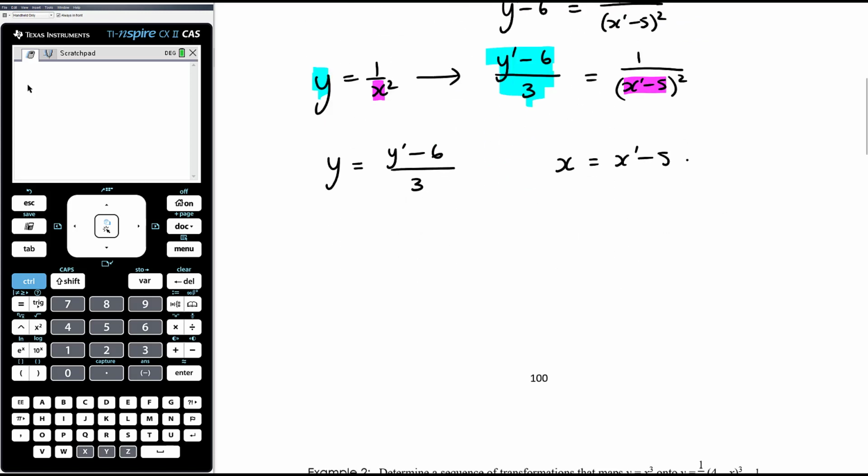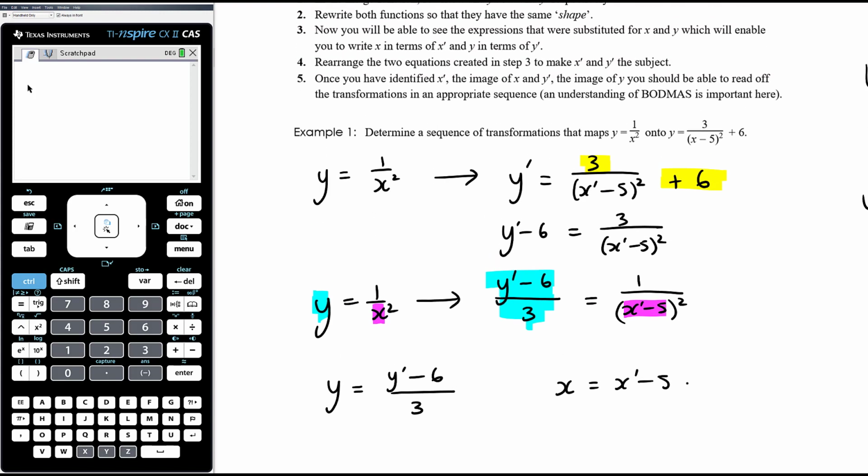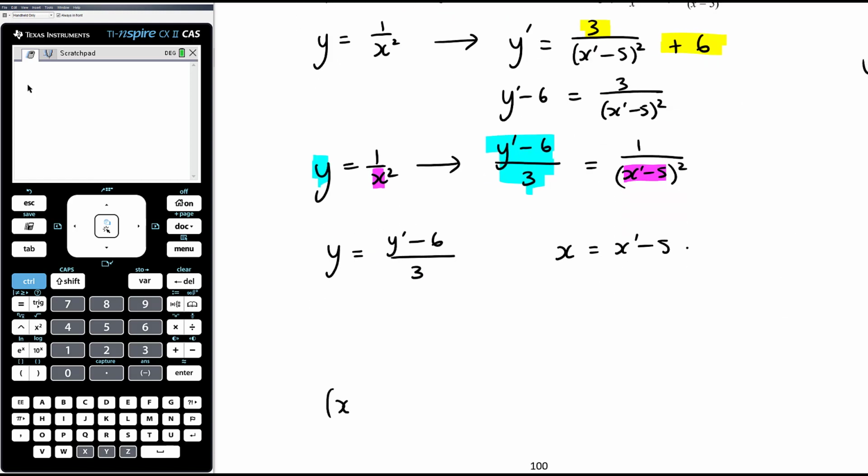Now, it's important that you keep your eye on what you're trying to do. So when we're applying functions, we want to have x and y as the subject of our two equations so that we can substitute in. When we're determining the sequence, we're trying to work out what was the image of x and what was the image of y. These are what we want to know. So we want the image of x and the image of y to be the subject of the equations.